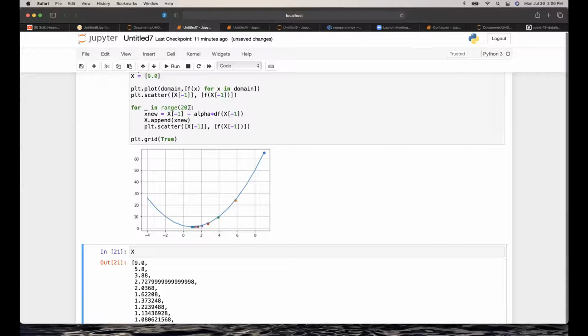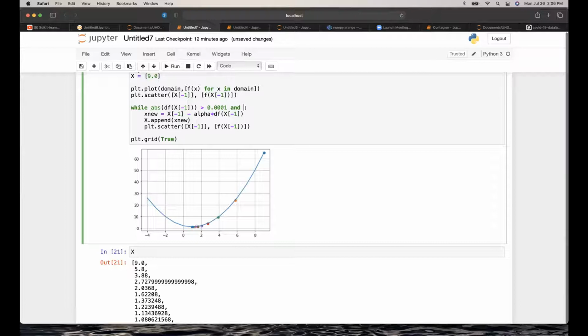So you could say something like, while the absolute value of df of your most recent x is greater than, I don't know, 0.0001 or something.